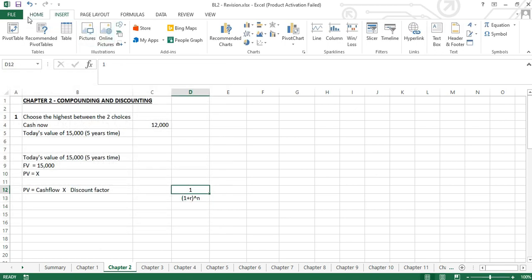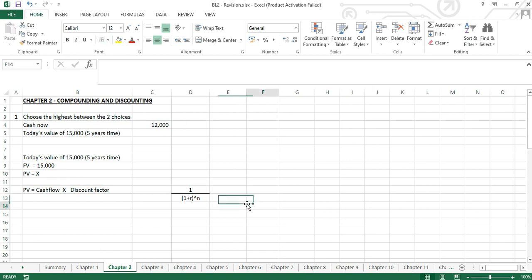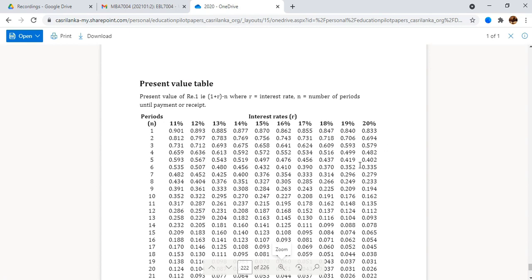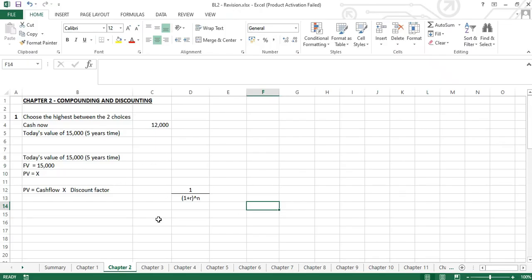Sometimes they'll give the discount factor in your exam. Let's refer to the discount factor table. Let me show you both methods. First of all, let's go with the formula method.